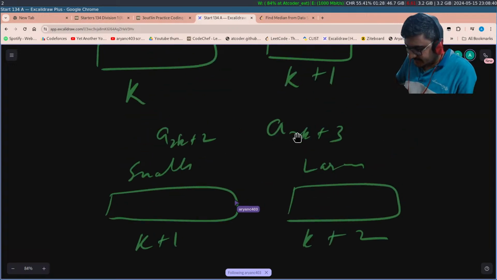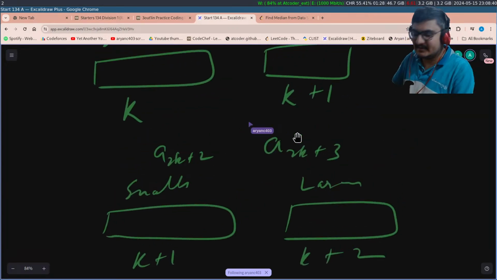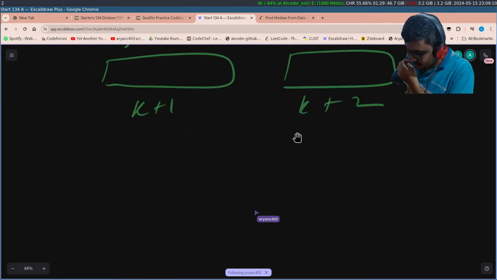Before I go into the implementation detail of how we get this updated to priority queues or whatever sets we want. Initially, let's say in the starting we can say k equal to 1, where we will put one element in the set. Now we have to put two new elements in the set such that the smaller one contains one extra element and the larger one contains one extra element.